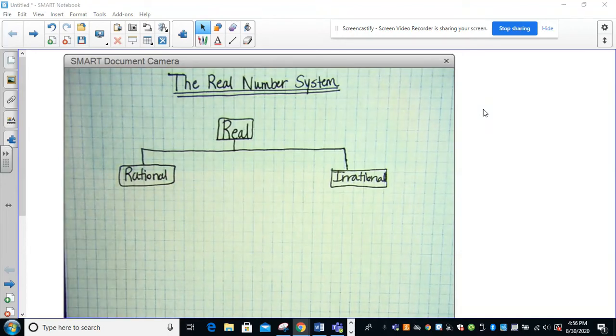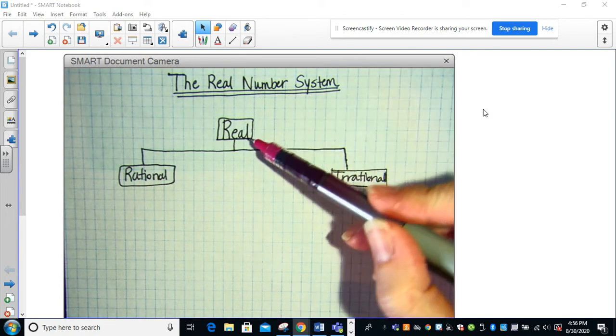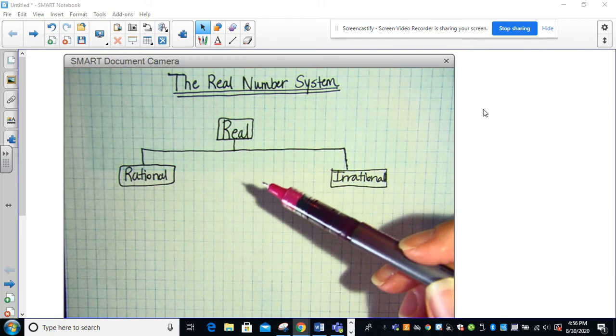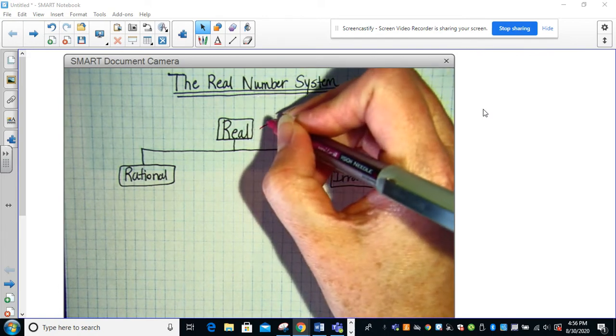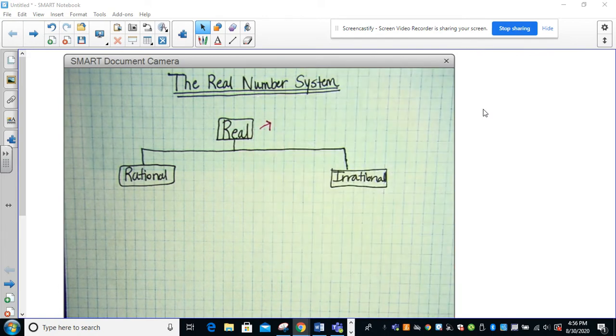So today I'm going to review the real number system. First of all, anytime you hear the word real number, that includes all numbers. Actually, you probably want to pause the video for a second and go ahead and set up this chart in your notebook and pause as needed to fill in the graphic as we go.